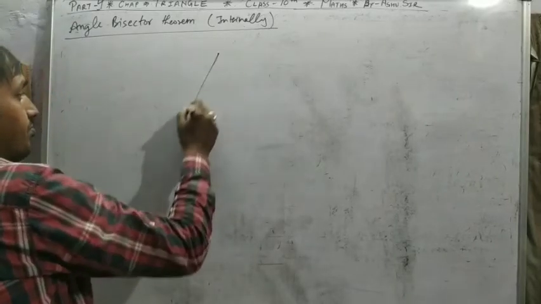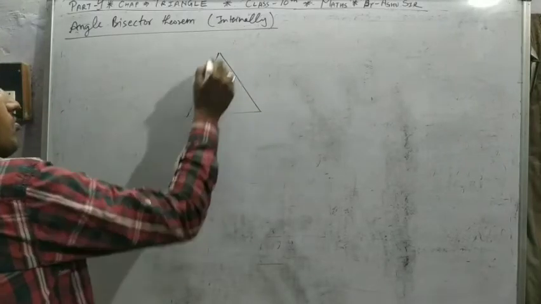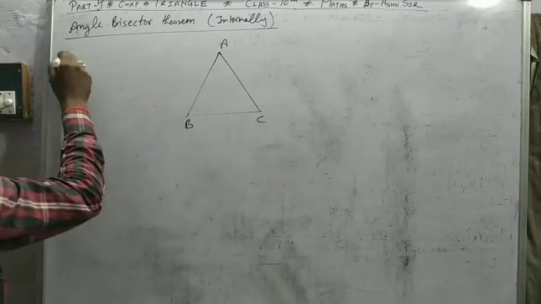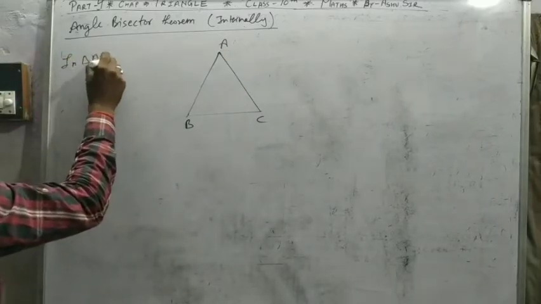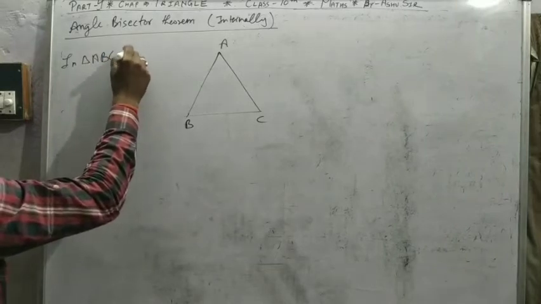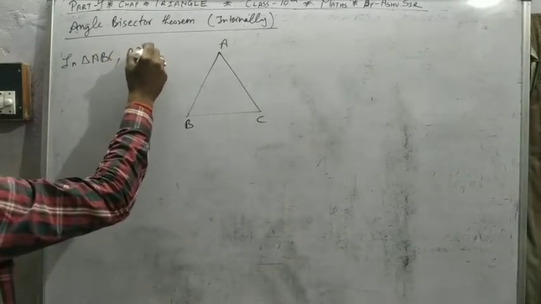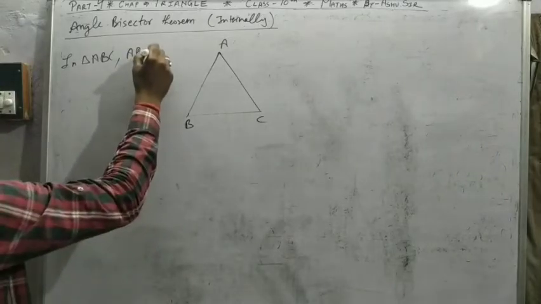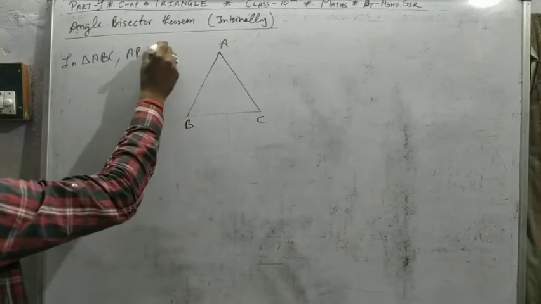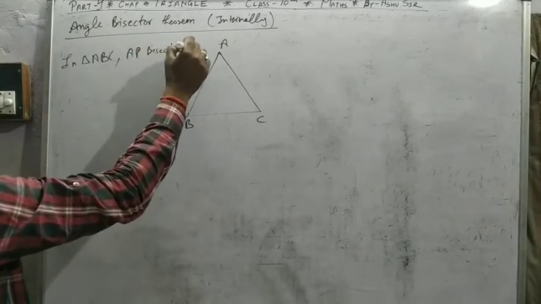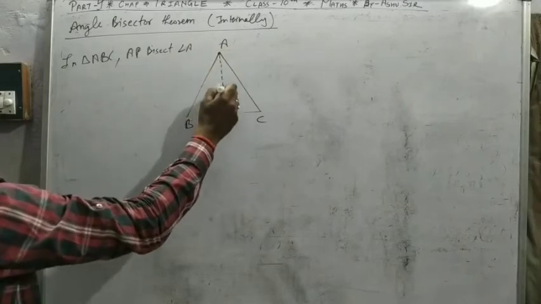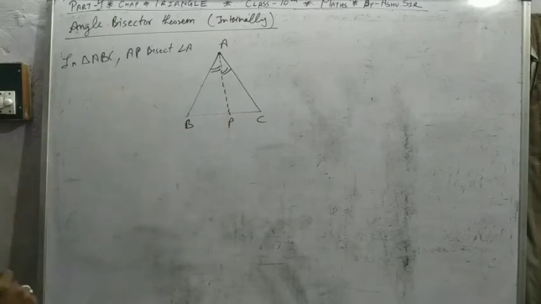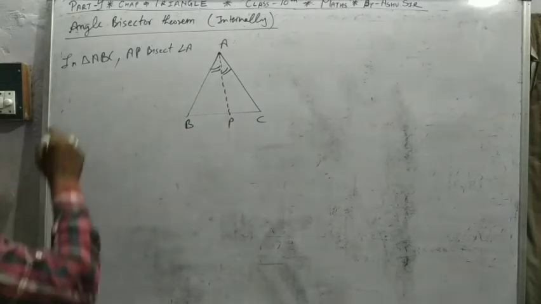If in any triangle ABC, AP bisects angle A, means AP bisects angle A internally.